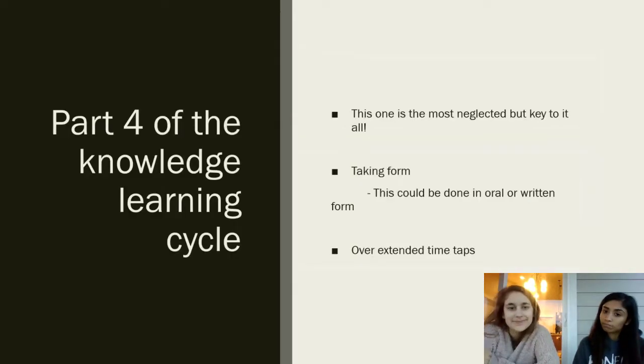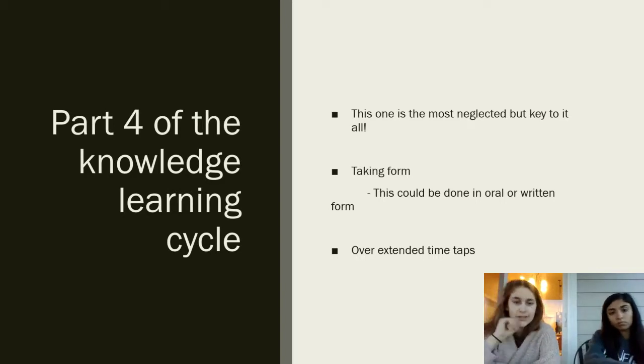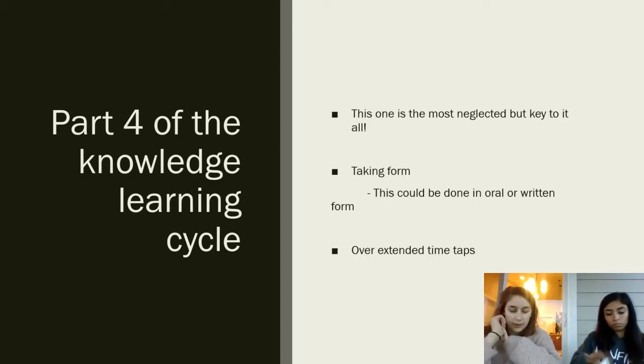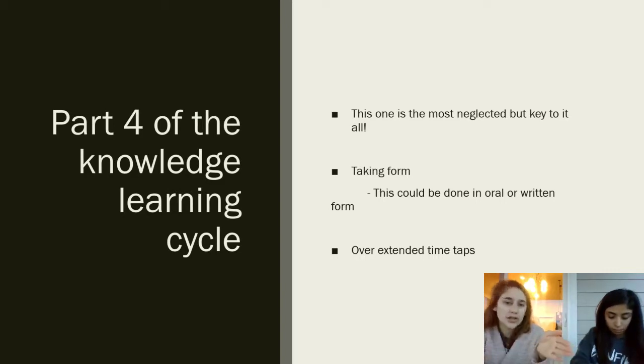Beneficial. Okay, so part 4, this one is the most neglected, is what the book said, but it is the key to everything, pretty much. So you're wanting to take form, meaning you're taking form of the capstones: you're offering students opportunities, consolidating and extending their understanding of a concept that you have studied over, say, a week or so.